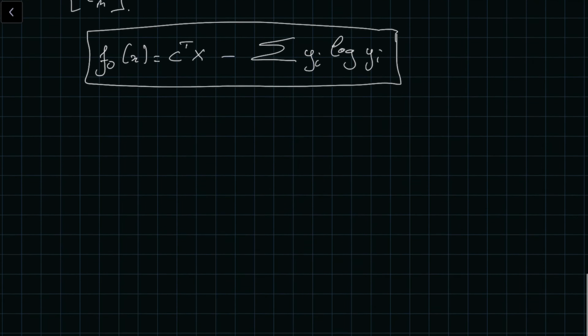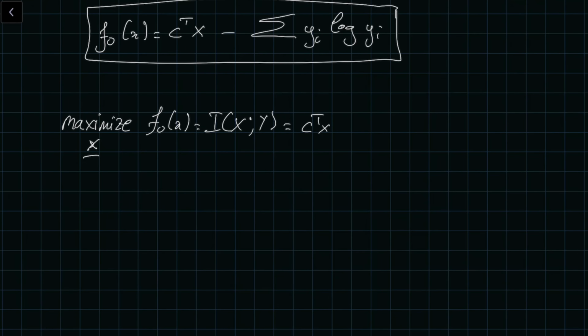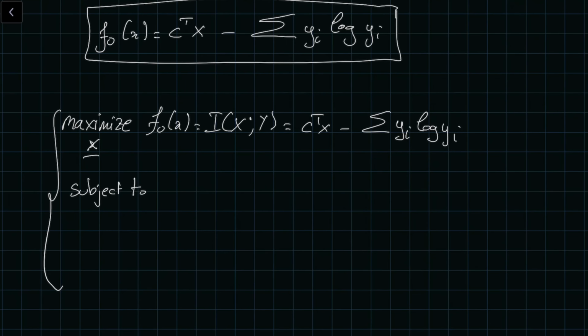So rewriting the optimization problem we had, we would like to maximize over x f0 of x, which is also the mutual information, which is c transpose x minus the summation over i of yi log yi, subject to the same constraints, that is x entry-wise positive and 1 transpose x is 1, but there's something missing because we had introduced y.